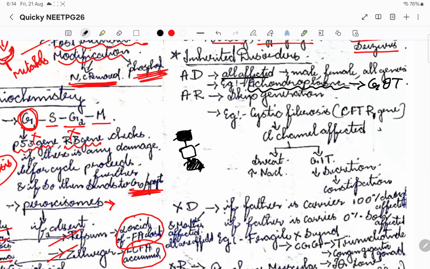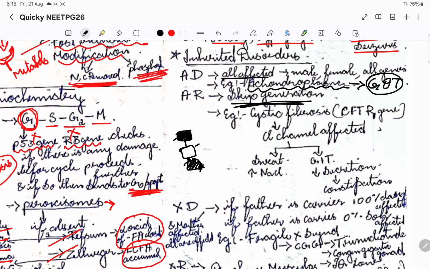Achondroplasia is autosomal dominant, because Tyrion Lannister was dominant, the most dominant fellow in the entire GOT. From the first episode till the last, Tyrion Lannister survived everything. Remember it in that way and you will be sorted. So achondroplasia is autosomal dominant.